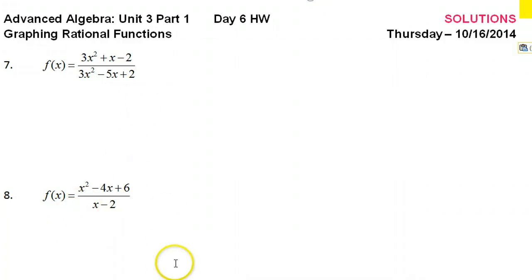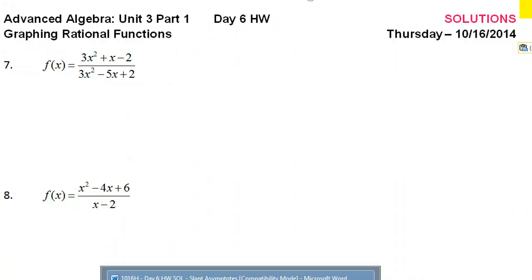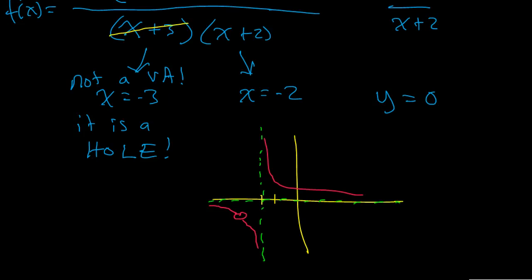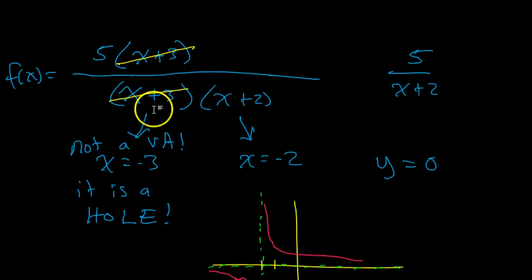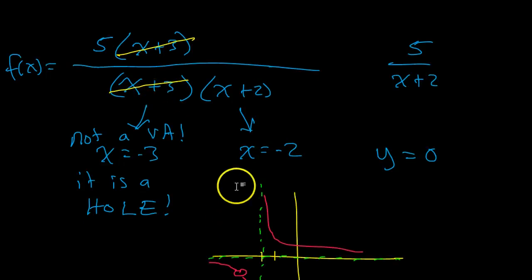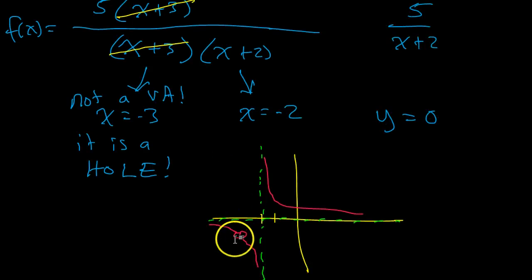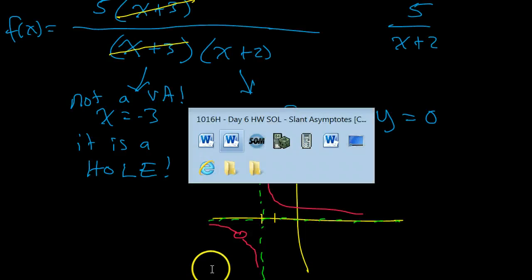In the previous video we learned that you will get a hole in the graph anytime you have what would have been a vertical asymptote, except it cancels out with another factor in the numerator. In that case there is no vertical asymptote there, but it's still an illegal value, so it just creates a hole in the graph like this. And we're going to see some of those in this lesson.